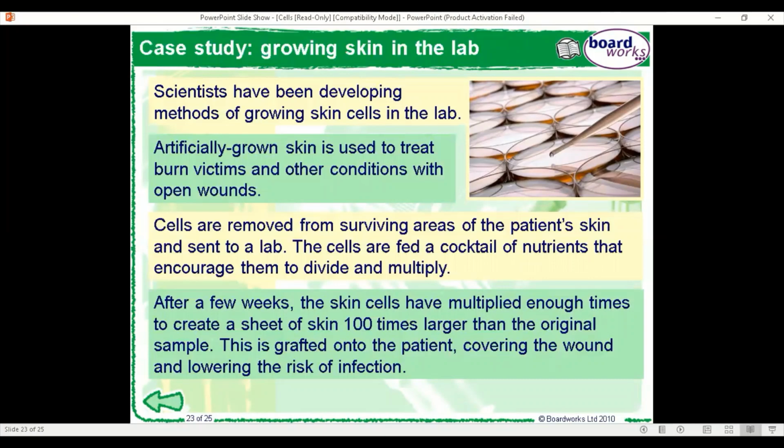So they grow the skin cells in a special medium. So have a read of this, it's quite interesting. It says here they've got a cocktail of nutrients. They put different nutrients in, like glucose and oxygen and ions and things like that, amino acids for them to be able to develop this protein.